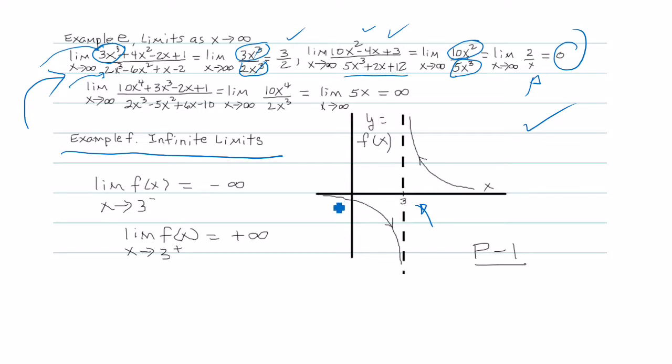And notice that all we need to do is get on the function, come from the left, and notice it's going to minus infinity. For the limit of f of x as x goes towards 3 from the right, you can see it's going up to plus infinity.